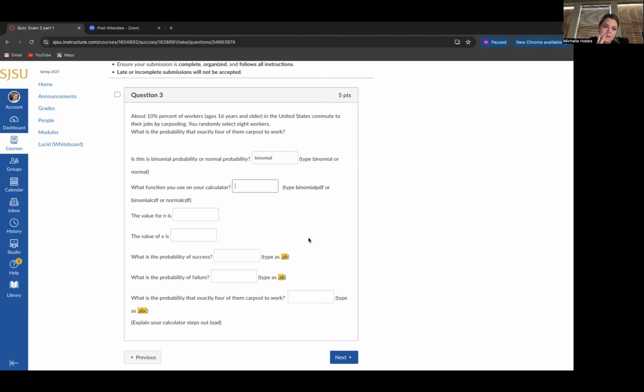And what is the value for n and what is the value for x? I think it's binomial PDF.